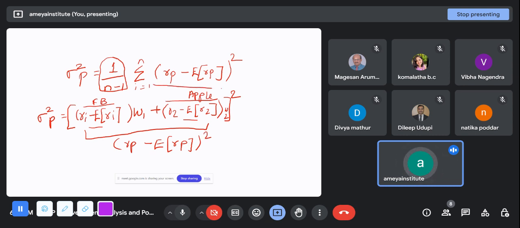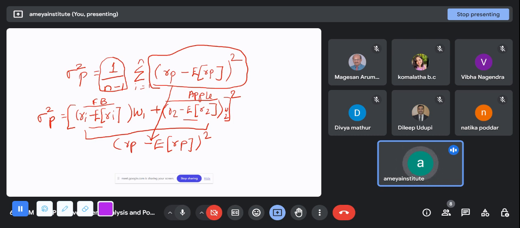So this aspect of the portfolio we got from this. The same formula we decompose into two assets. So it's nothing but the portfolio returns of both the assets minus expected return on portfolio, to the square. Now how do we get this concept over here?